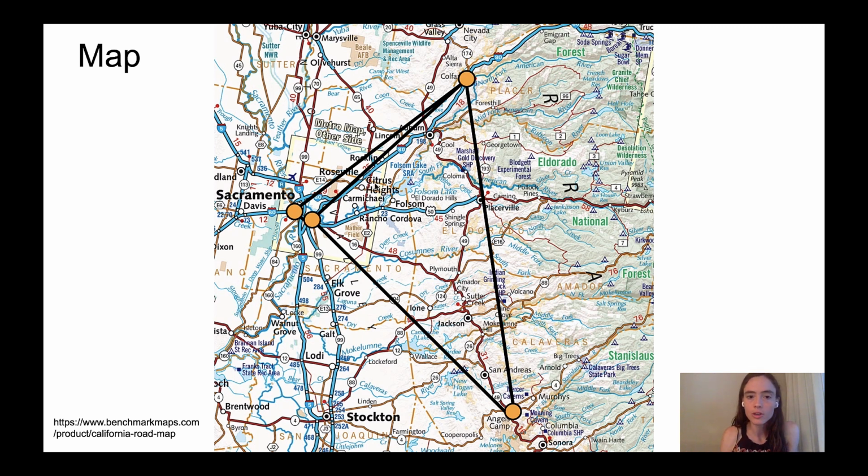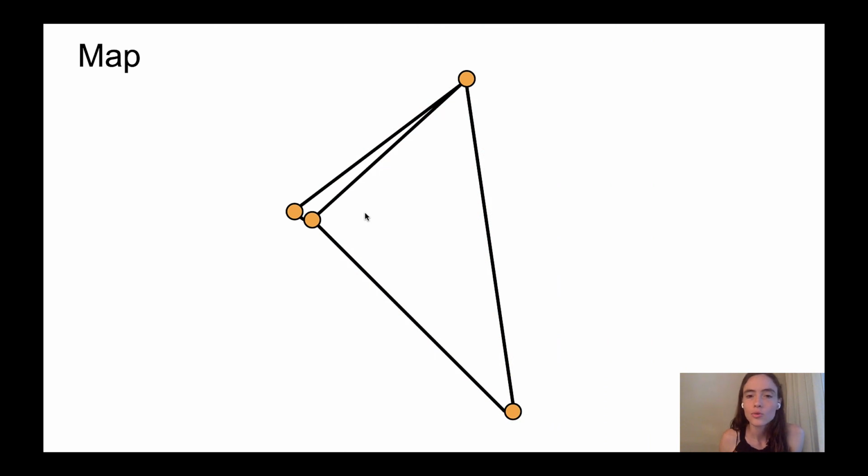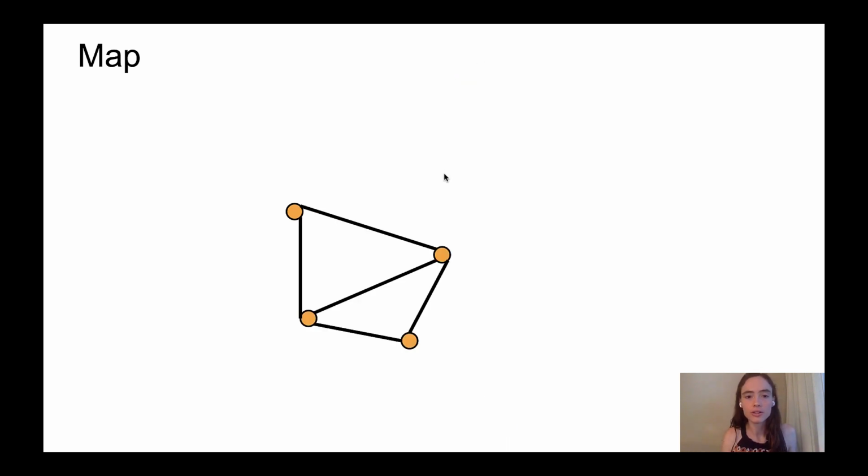Well, if we think of the graph that we get, remember that graphs are just defined by pairs of edges. So this graph can also be drawn like this. And this image doesn't seem to really capture what we wanted to capture based on the map graph. Specifically, it doesn't capture the distances between locations.